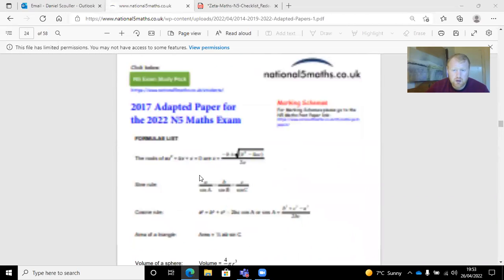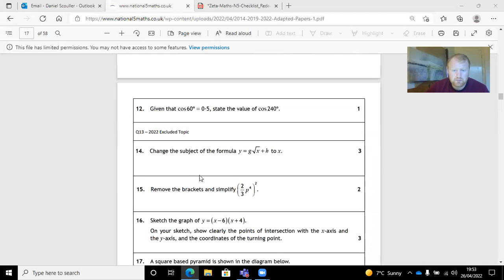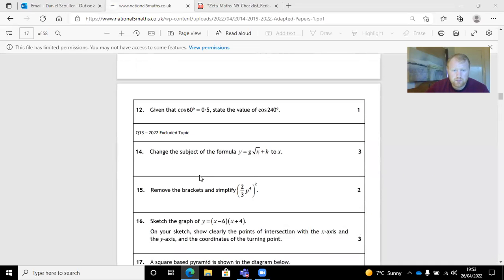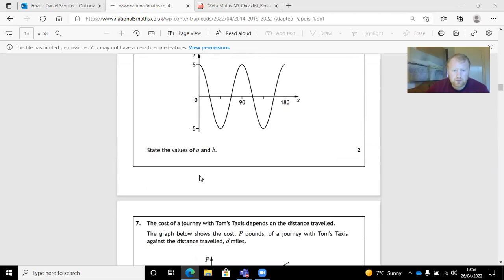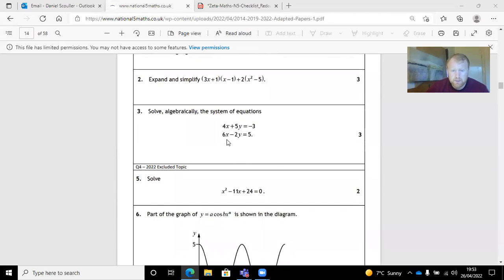2018, question 3. Okay, that's as basic a story as it can give you, but that's simultaneous equations as well. You're solving that for x and y.